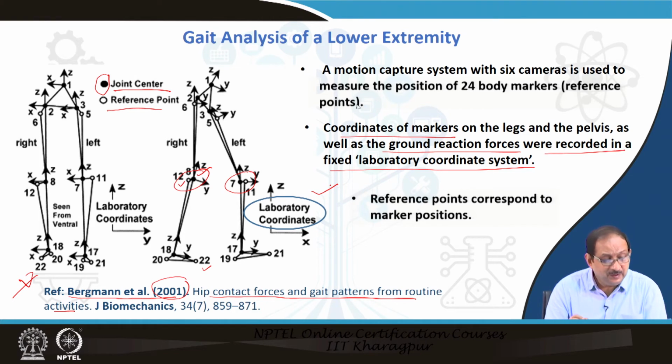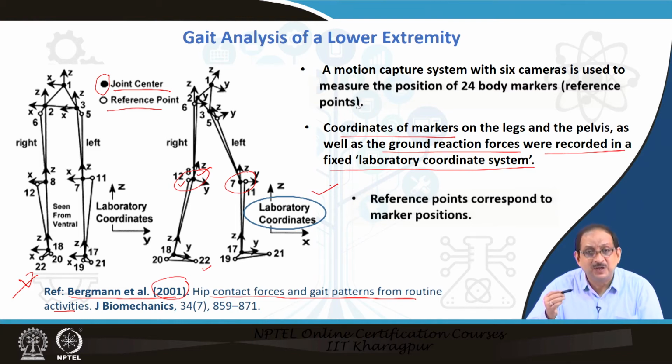The motion capture system, as you know, generates a file containing the x, y, z coordinates of each of these markers at each sample point or position at any given instant of time.